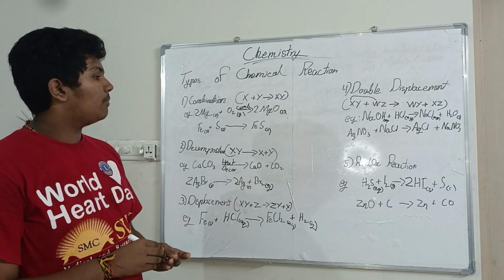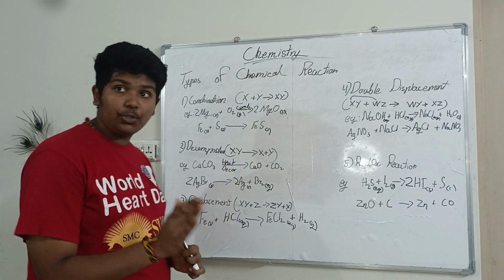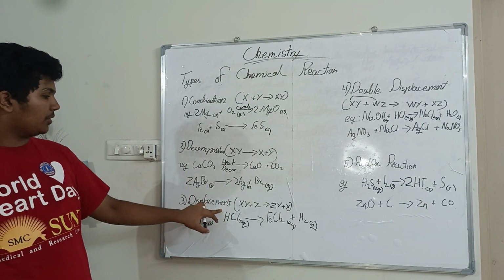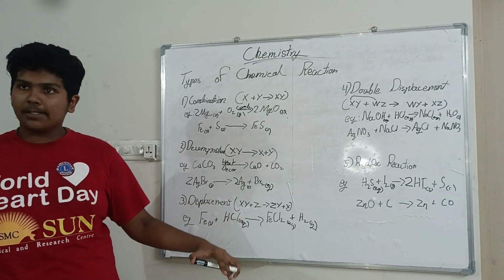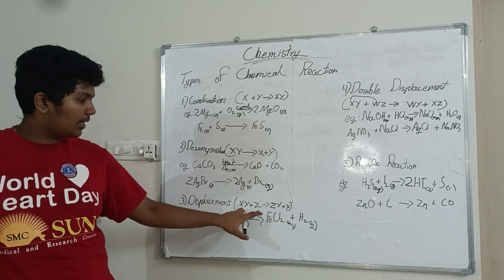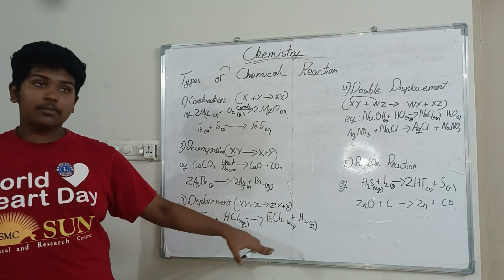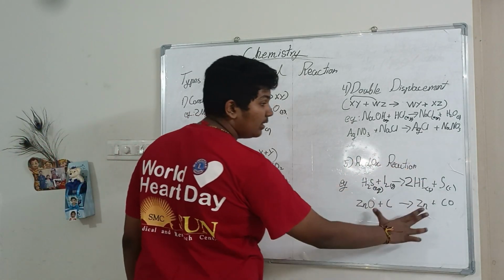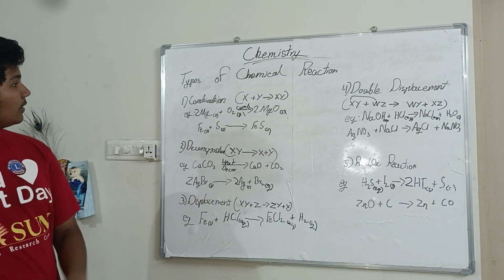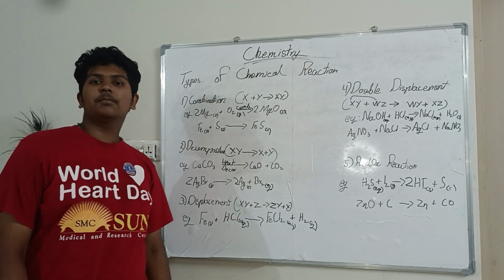So this reaction is a displacement reaction, because it is familiar, right? XY plus Z gives you XZ plus Y, which is what we are seeing here in these two examples. And another thing, combination and decomposition.